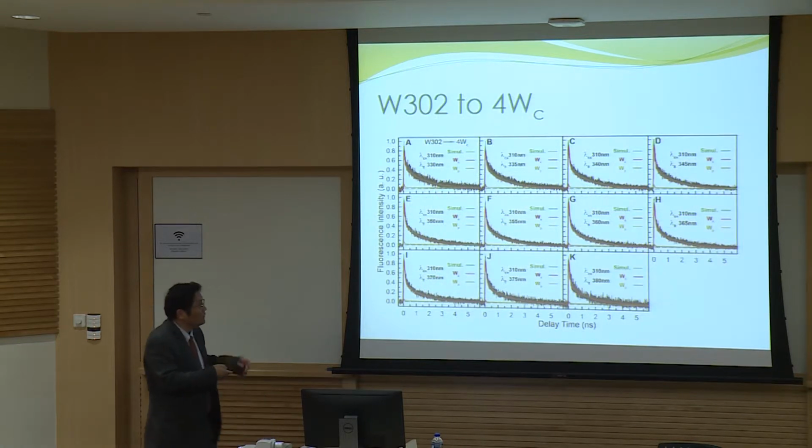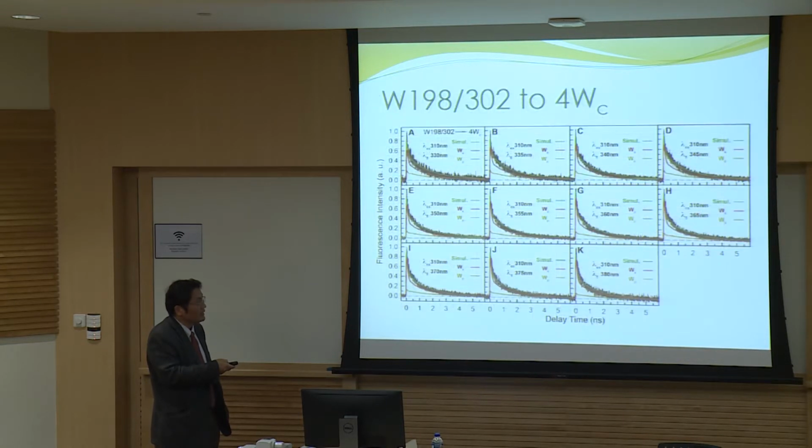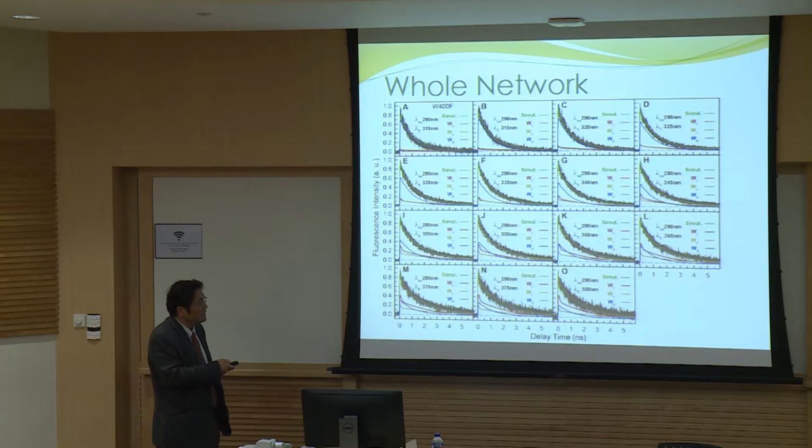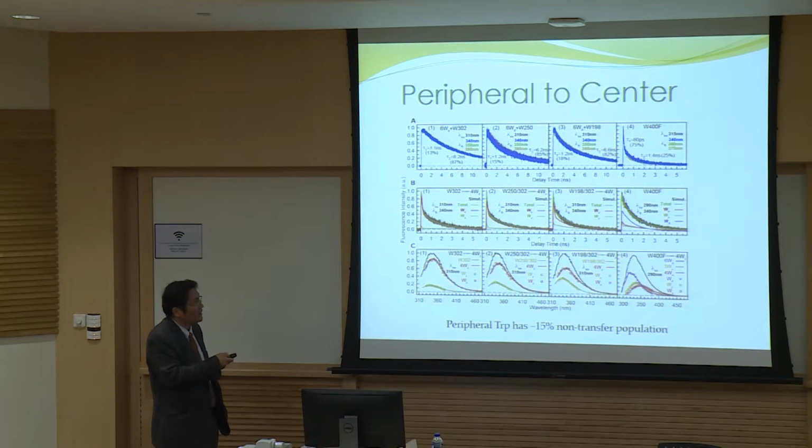And then also we do all this time resolve, same as before. We can go to deconvolute all the data, all the mutation. I just quickly give this final result. We can measure each WP, the data, the lifetime, and then we also can measure each 2 WP, the dynamics.